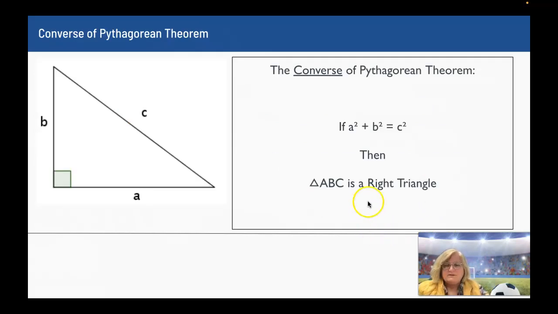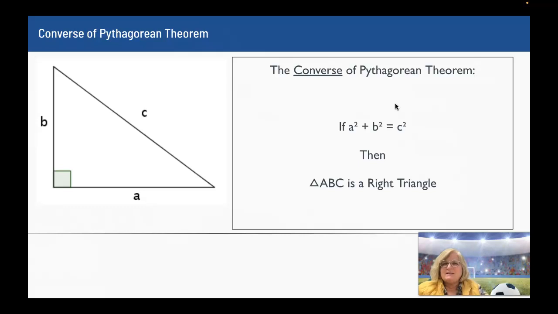The converse of the Pythagorean theorem. If you remember from one of your quarters in geometry, they probably talked to you about converse statements. A converse statement: if I have an if and then, it switches it around. What's after the then, the conclusion, comes into the hypothesis, which is after the if.